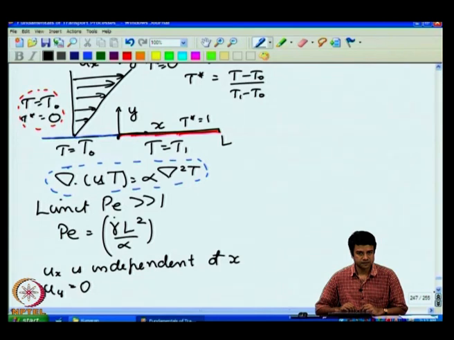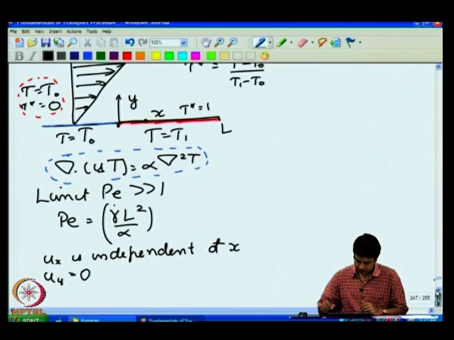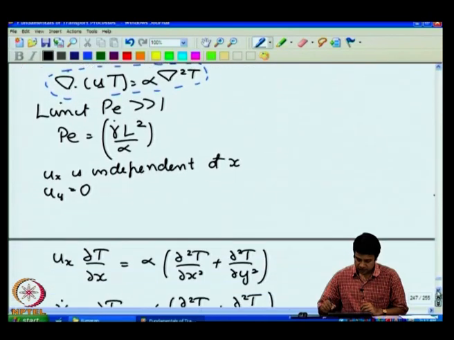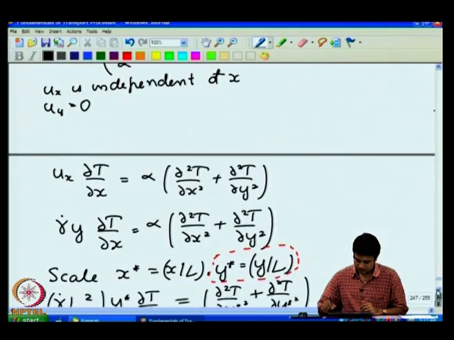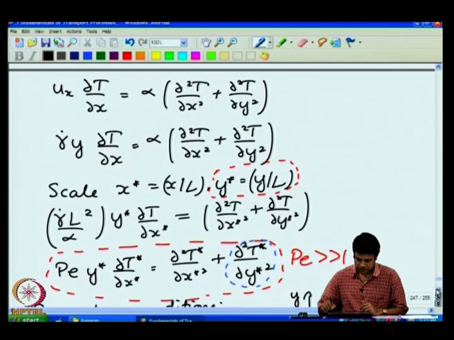Okay. Note also that u x is independent of x, it is a fully developed flow, and u y is equal to 0 everywhere. So, the flow is only in one direction. When we put this into the conservation equation, okay, we got an equation of this form.